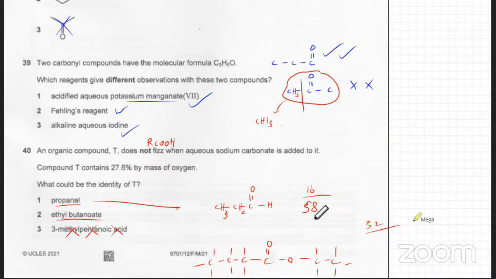Divided by, what's the total? That's 6 carbon atoms, that's 6, 12, 72. 72 plus 12 hydrogens, that's 84. 84 plus 32, that's 116, that's the total, I think. Maybe I'm wrong, but you can double check this, okay?